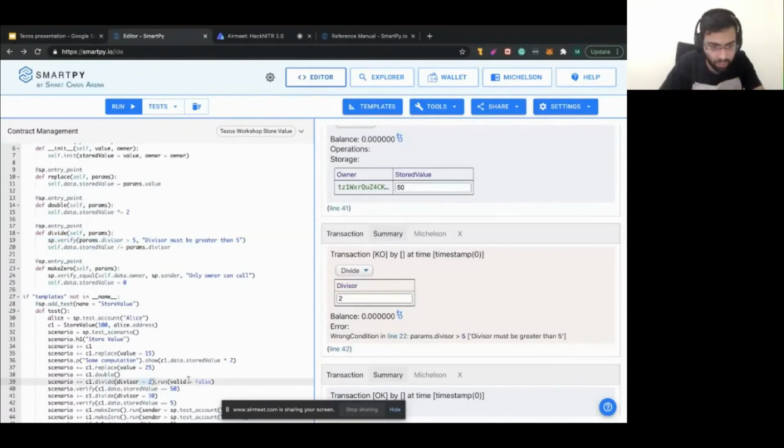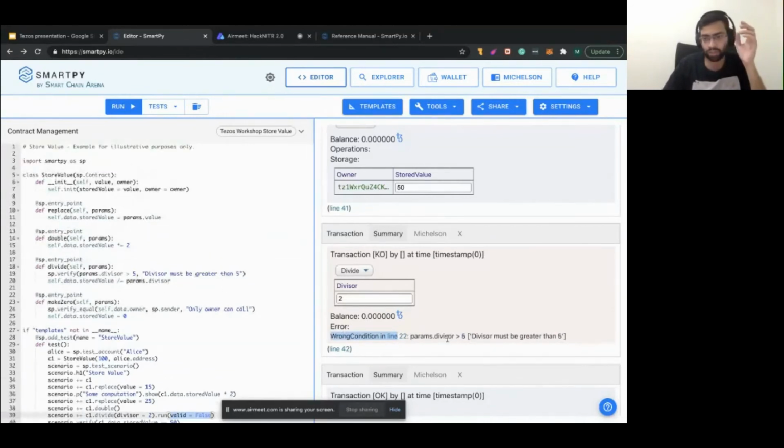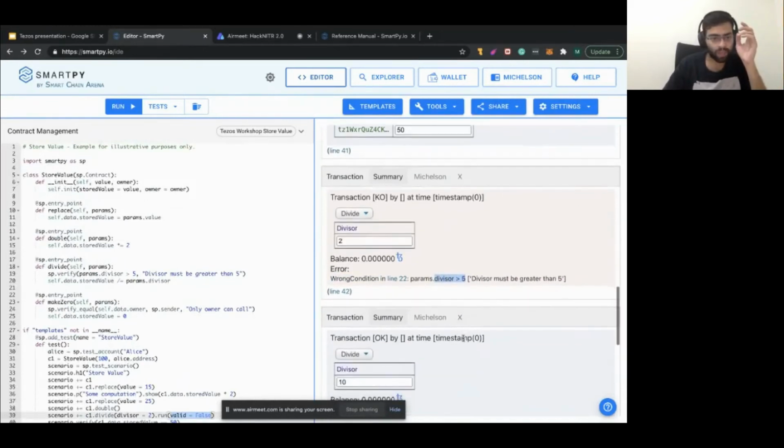And this is the part where we mentioned that when you run this, the validity will be false. So this is a failure test case handled properly. It says that this is the error. There is a wrong condition in line 22, but the divisor has to be greater than 5. That's the idea, right?